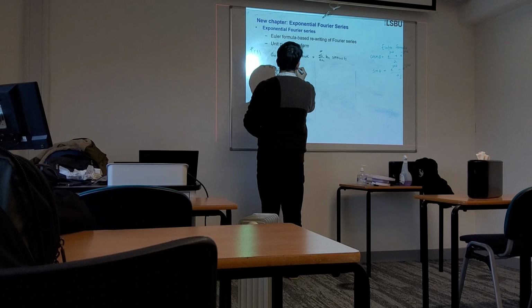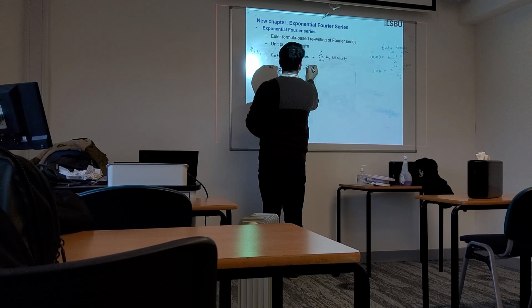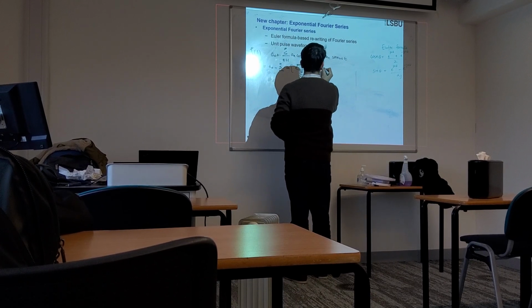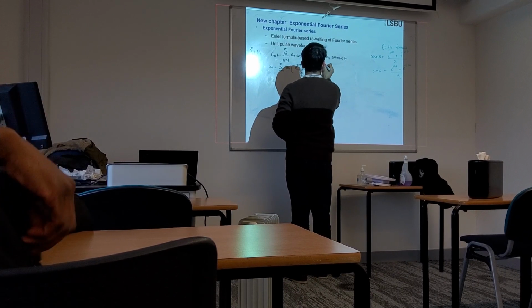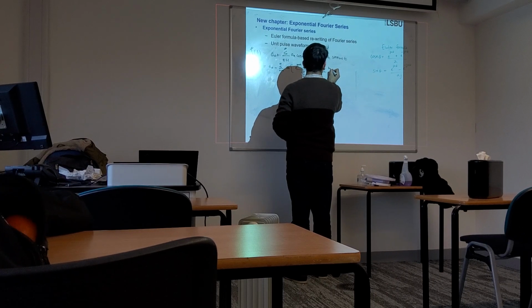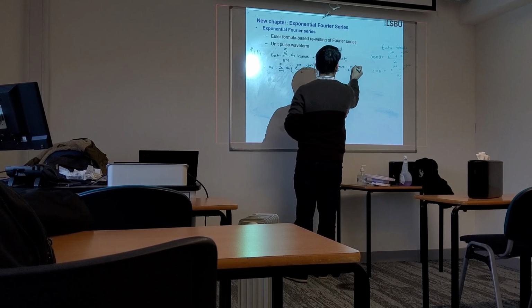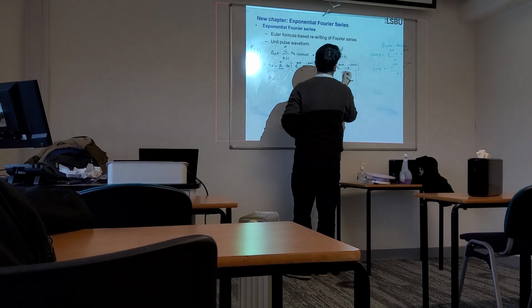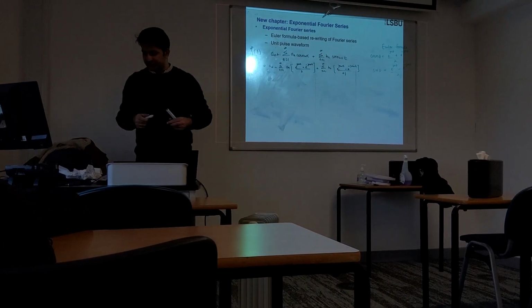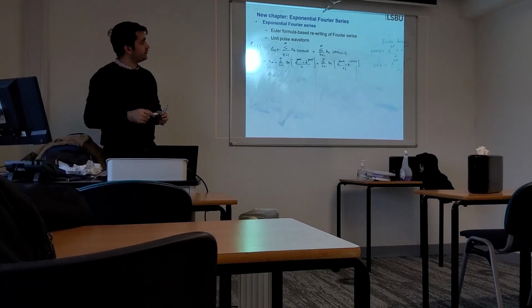So I can write it as e power j n omega t plus e power minus j n omega t divided by 2, plus summation n equals 1 up to infinity bn, and we can put e power j n omega t minus e power minus j n omega t divided by 2j. So it means that I have done nothing. I have simply substituted these values inside.